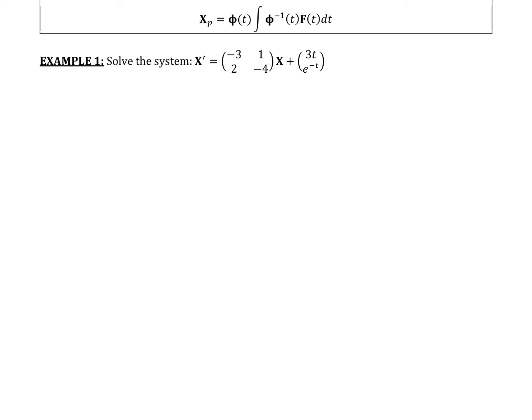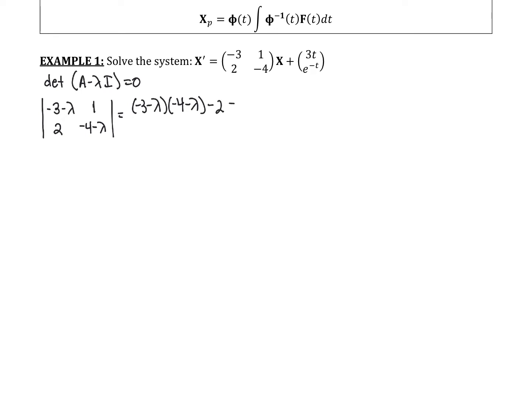Okay. So the first thing I'm going to do is solve this as if it were the homogeneous equation. So I'm setting the determinant of A minus lambda I equal to 0. Using the matrix, we would have negative 3 minus lambda, 1, 2, negative 4 minus lambda, and the determinant of that would be negative 3 minus lambda times negative 4 minus lambda minus 2.